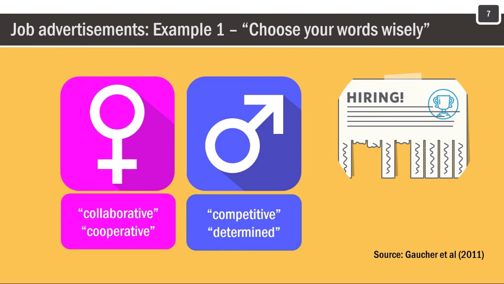In one study, researchers tested two different wordings of an advert for a retail sales manager position. The masculine worded advert included sentences such as, "We will challenge our employees to be proud of their chosen career," and "You will develop leadership skills and learn business principles."